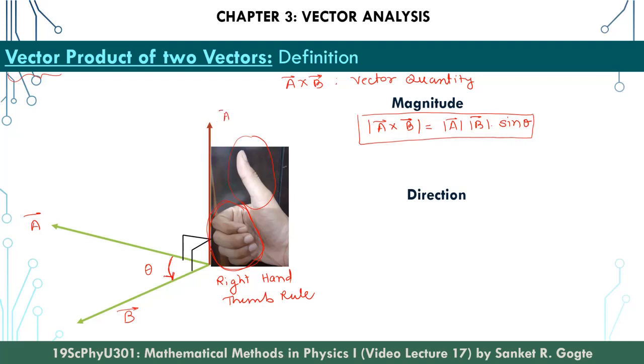So it is basically the A cross B vector, and therefore the direction is given by the right hand thumb rule. This vector product of two vectors has magnitude given by this relation, and its direction is to be calculated by using the right hand thumb rule.